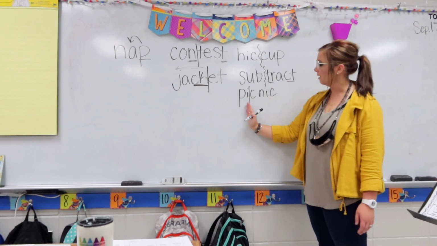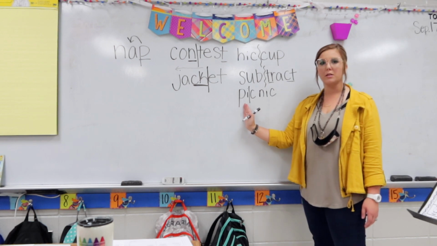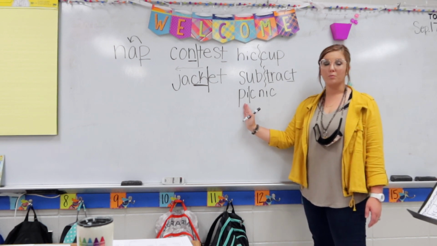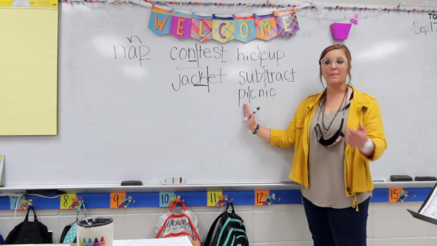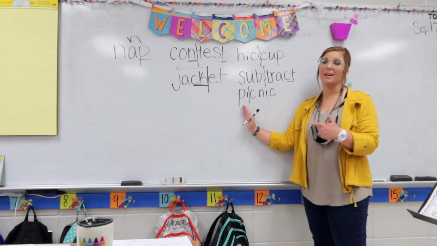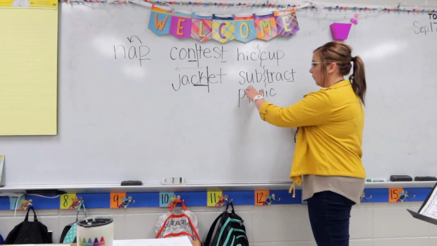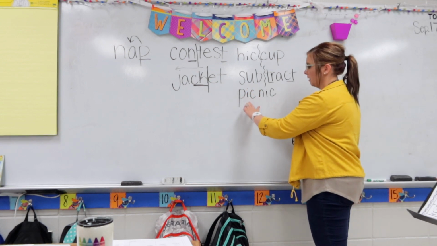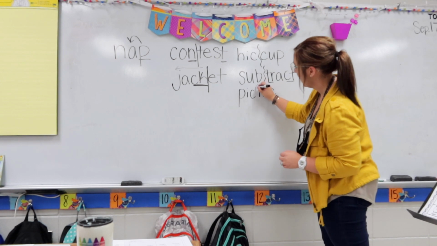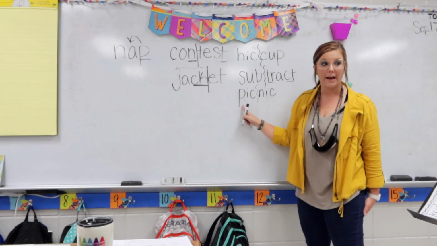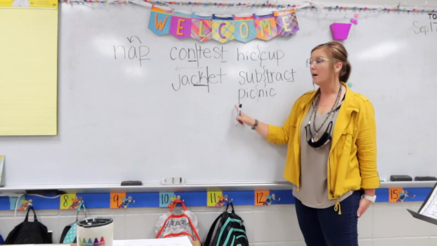If I split the syllable right here, what does that make this syllable say? Pie. It would make it say pie because that would mean it's an open syllable. Is this supposed to be an open syllable? No. So where do we split it? In the middle. Because we have to have a consonant beside the vowel to make this a closed syllable.